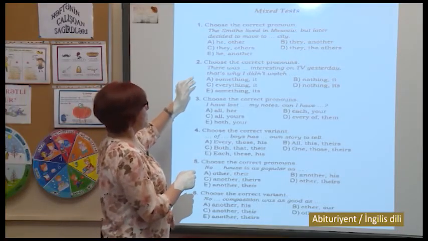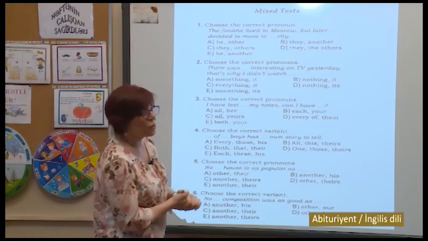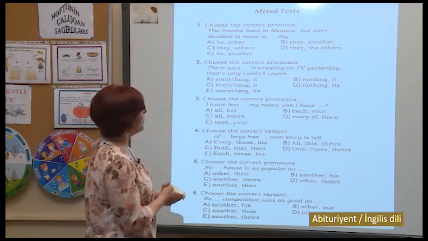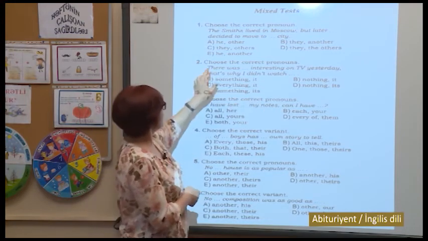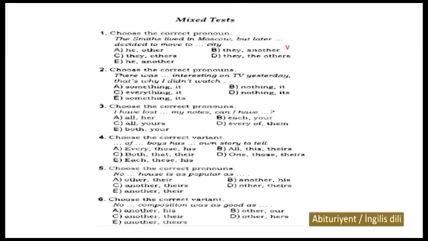Something, A, C, E are incorrect variants. And what about B and D? Now let us see. There was nothing interesting on TV yesterday. That's why I didn't watch it. It substitutes the TV. Our okay variant is B.